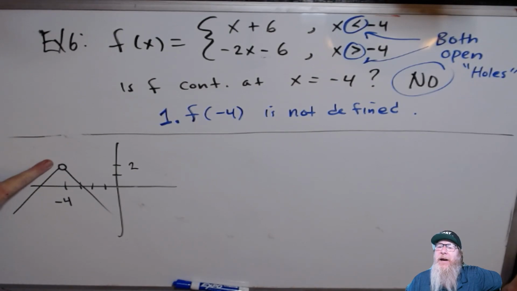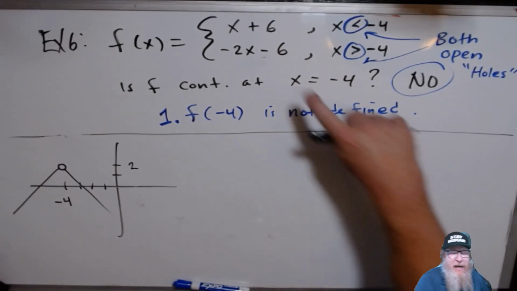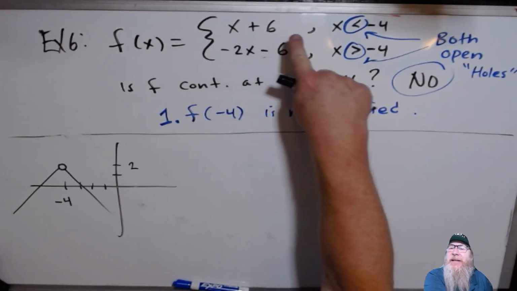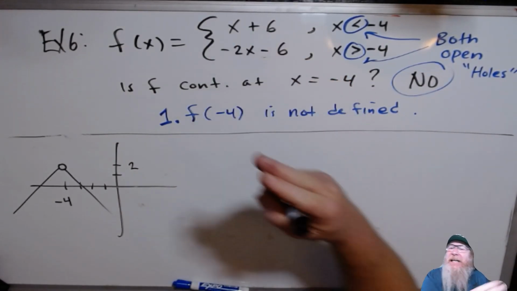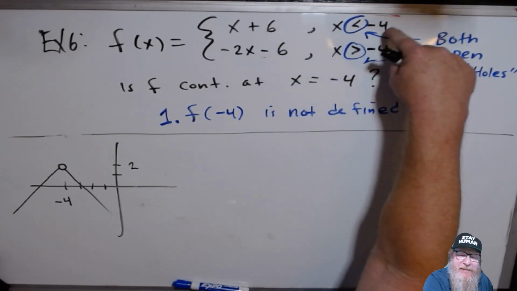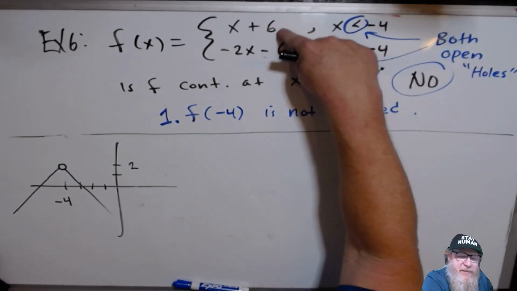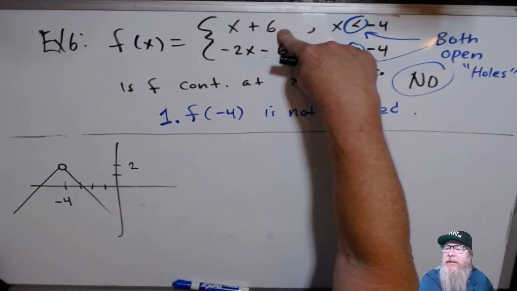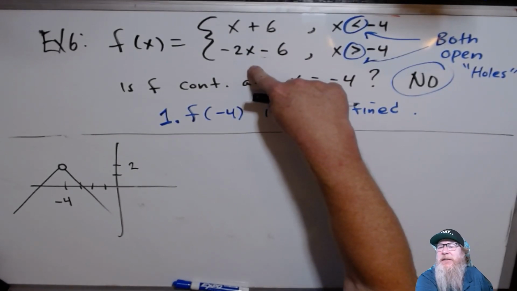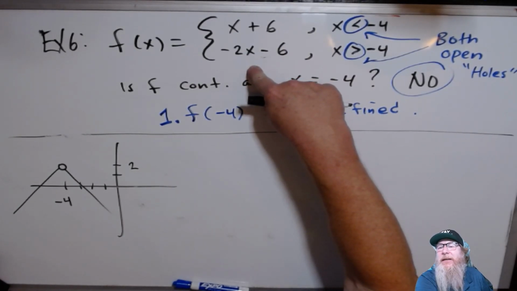There's an open hole there, but they do actually match. They're both equal to positive 2. I mentally looked at this and thought, what number is that getting close to? As x approaches negative 4, this is getting close to 2. And then I thought, there's no way this one's going to be close to 2, but it is.